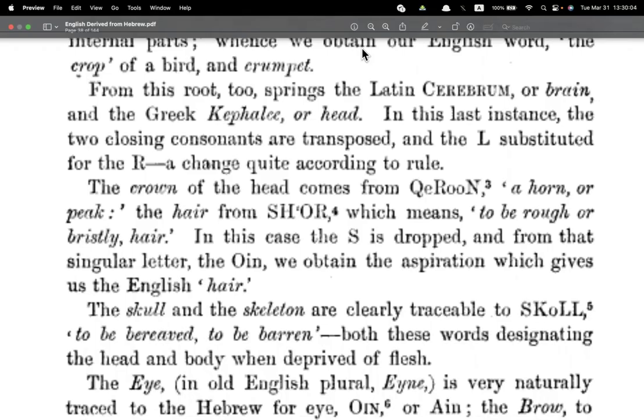In the last instance, the two closing consonants are transposed, the R and B, if you will, and the L substituted for the R, a change quite according to rule, and the bet becoming a pay or a PHF sound in this instance is also normal and according to the rules.